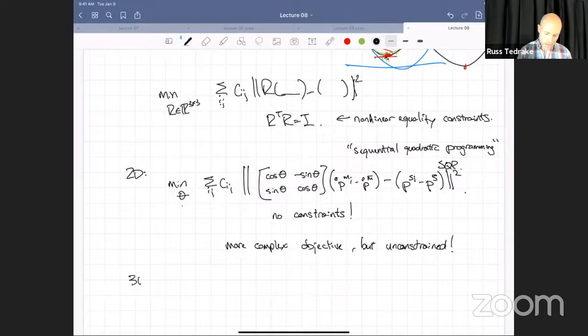Yeah, in 3D, Anubhav was asking before about using Euler angles, for instance. That is possible, once you accept you're going to do this nonlinear optimization.